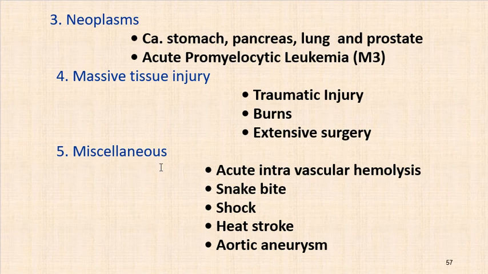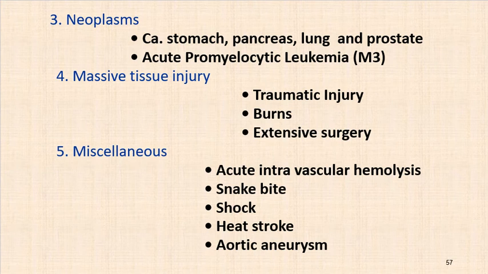Some other disorders, like acute intravascular hemolysis, snake bite, shock, heat stroke, and aortic aneurysm, can also lead to DIC.